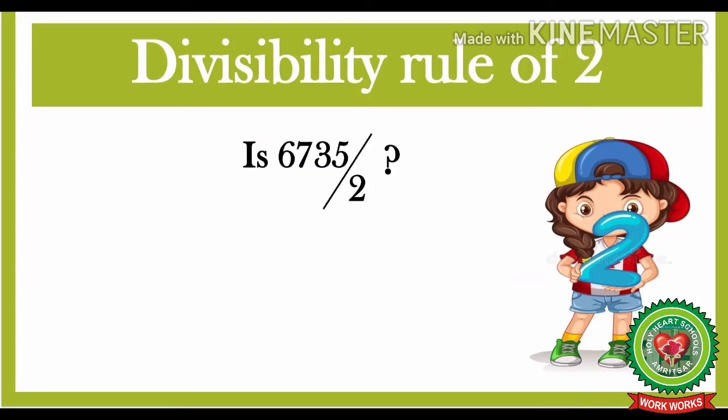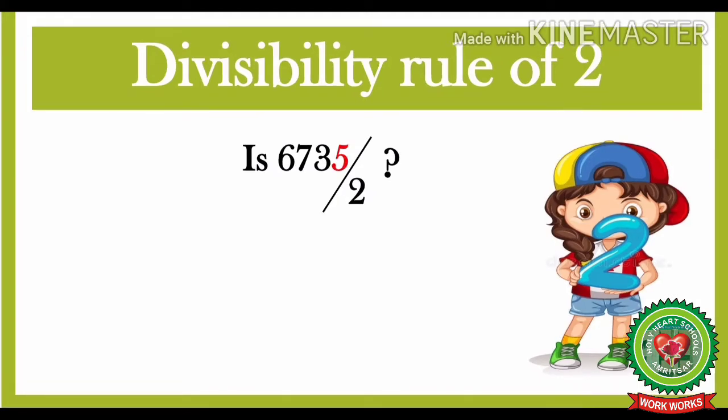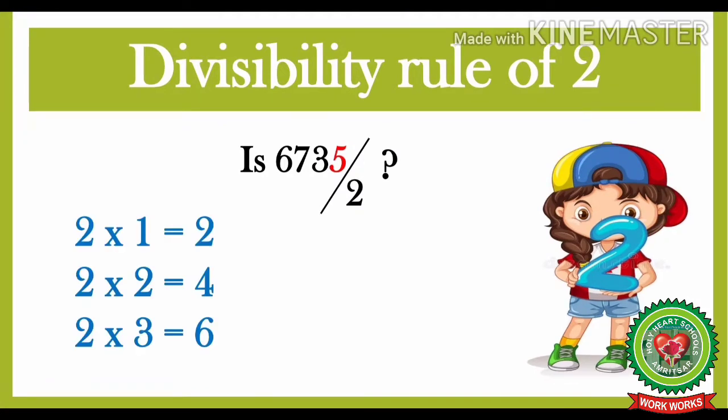Now let's try this one. Is 6735 divisible by 2? Now, which is the last digit in this number? 5 is the last digit in this number. So we have to see, is 5 divisible by 2? That means, does 5 come in the table of 2? 2 1s are 2, 2 2s are 4, 2 3s are 6. 5 does not come in the table of 2.